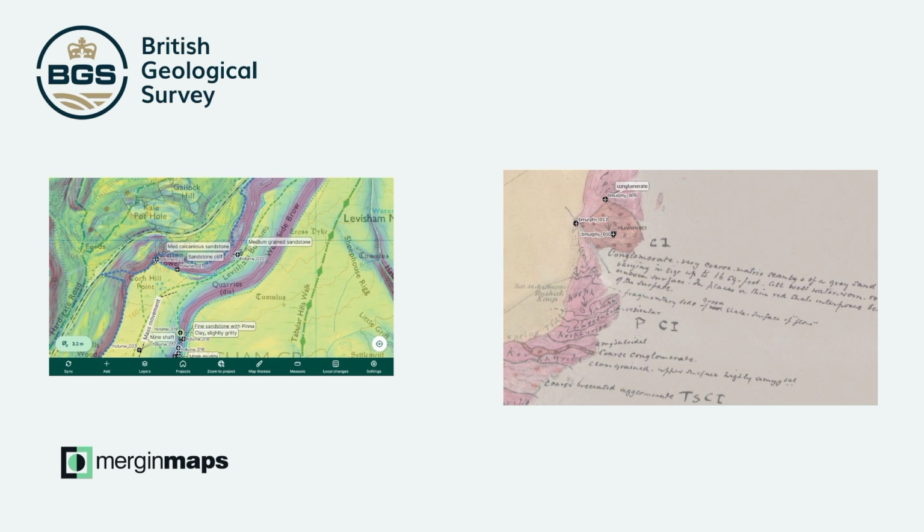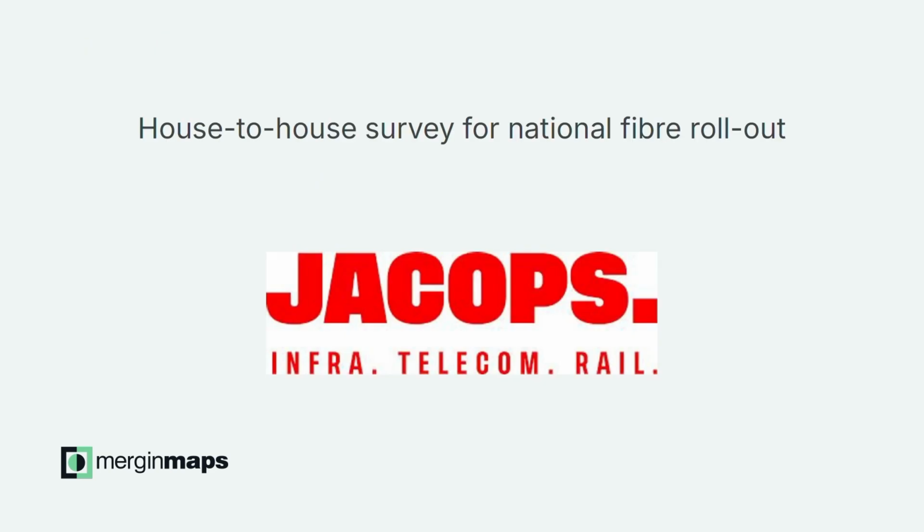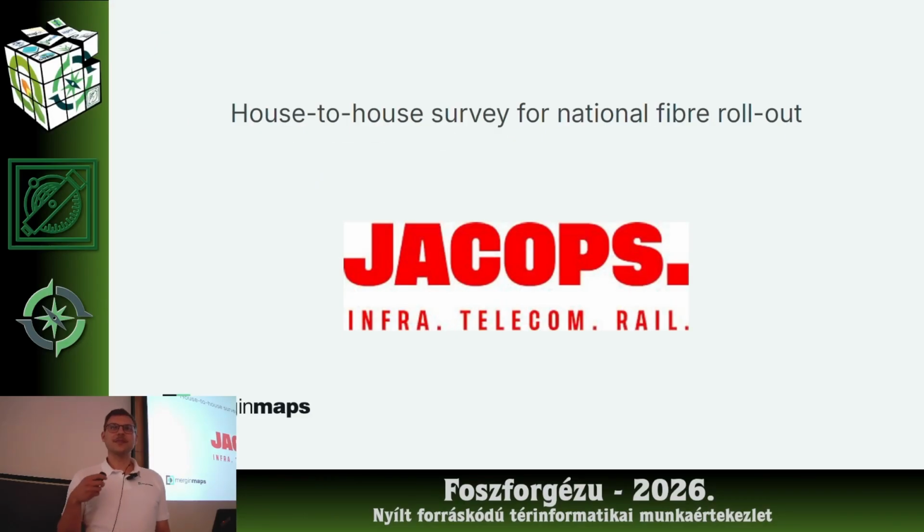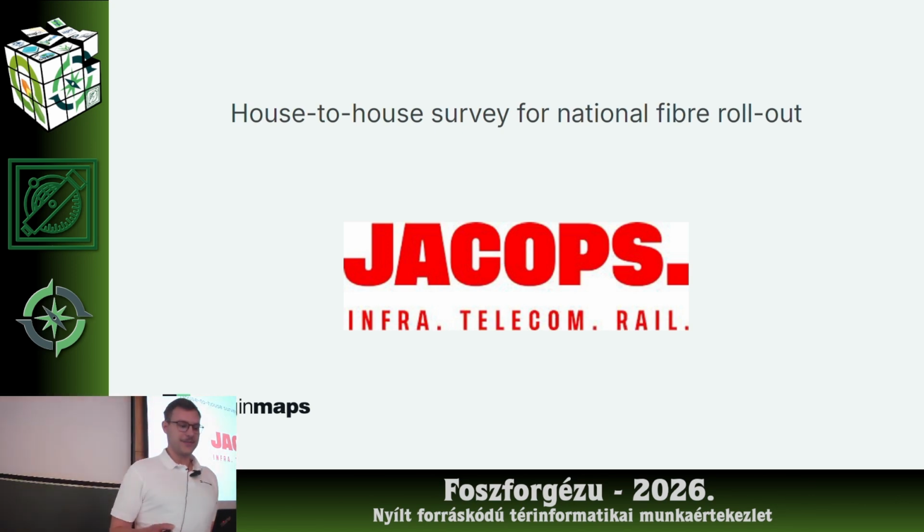Moving from a research institution to Belgium, to a fast-paced utility network company called Jacobs. They were tasked to do a national fiber rollout, to ensure that all Belgians have access to fiber internet.